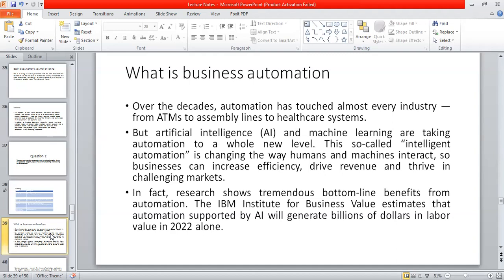We now have what is called intelligent automation, which is changing the overall way in which business is done, in terms of increasing efficiency and also driving the revenue of different industries.